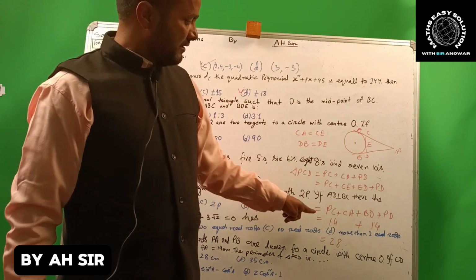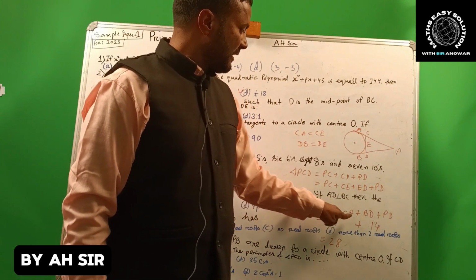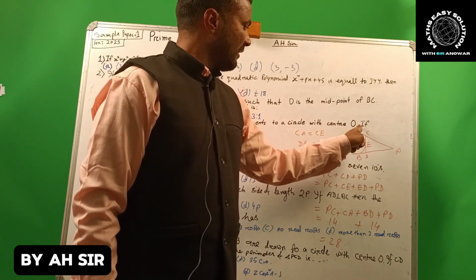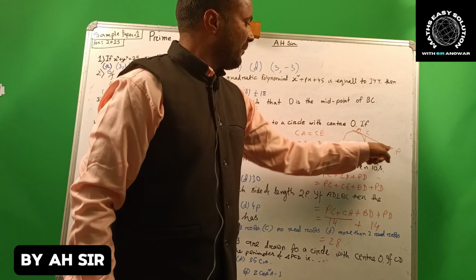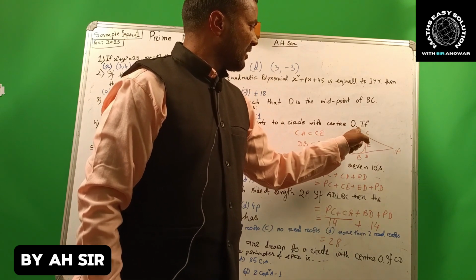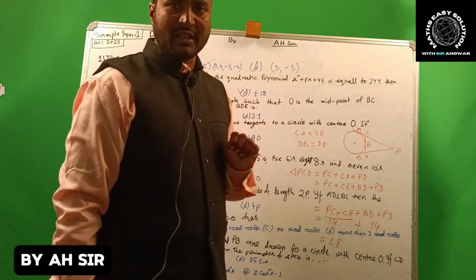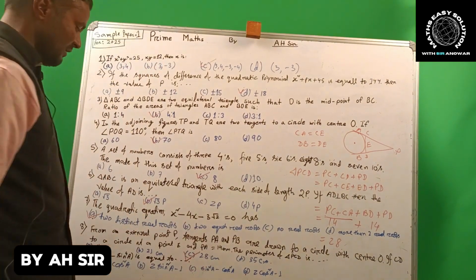Now look nicely, second last line, PC plus CA equal to PA, up to here is 14. Similarly, PD plus BD, this also 14, because PA 14 means PB also 14, tangents. So that answer will be 28.